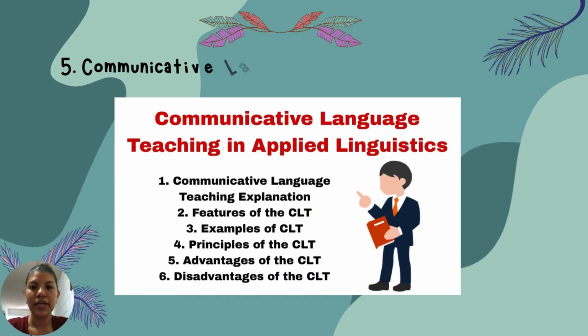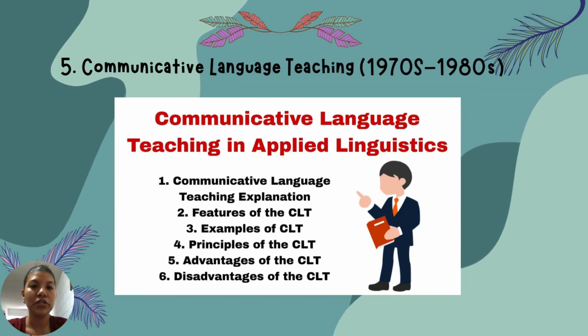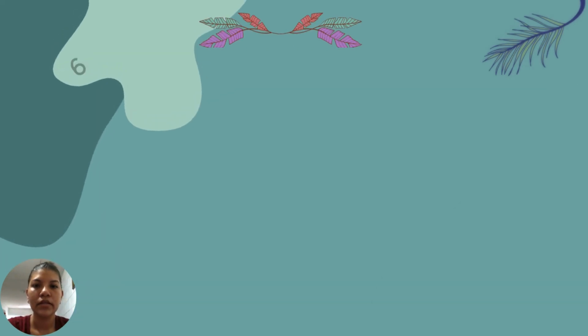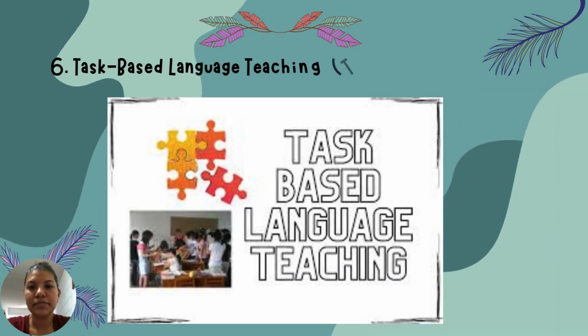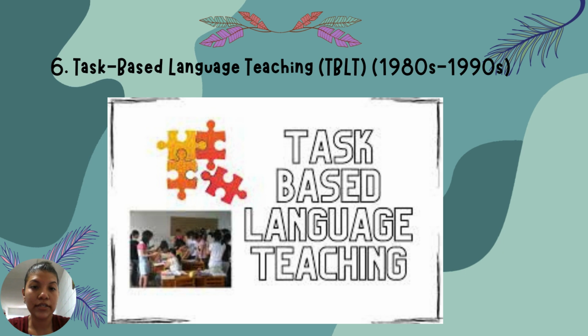Number 5. Communicative language teaching. 1970s, 1980s. Focus on the ability to communicate meaningfully in the target language, emphasizing interaction and fluency over accuracy. Number 6. Task-based language teaching (TBLT). 1980s, 1990s.